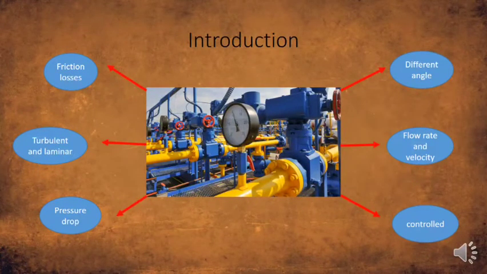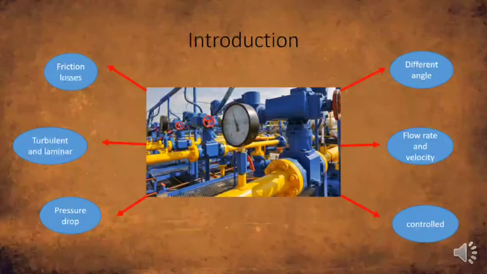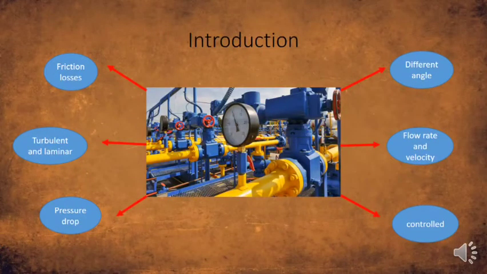Let's say the diameter of the pipe is not consistently the same. What if there is one big and one small? What happened to the flow? Supposedly, if there are changes of diameter in the pipe, maybe some turbulent and laminar flow will happen.